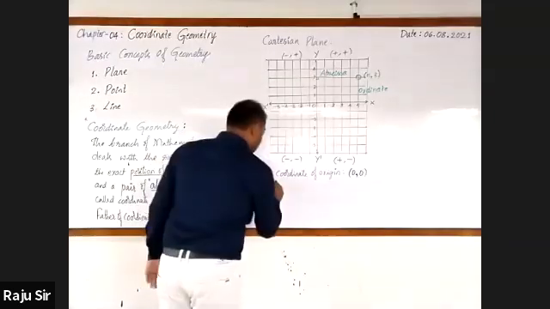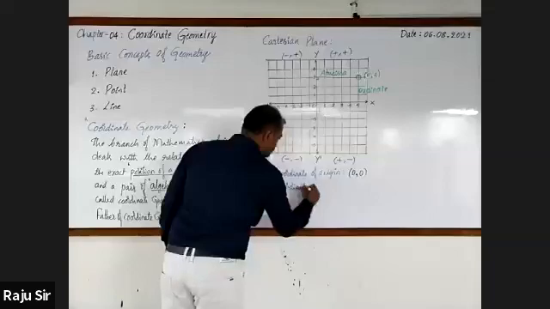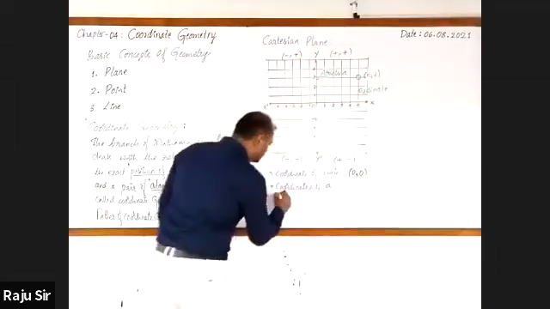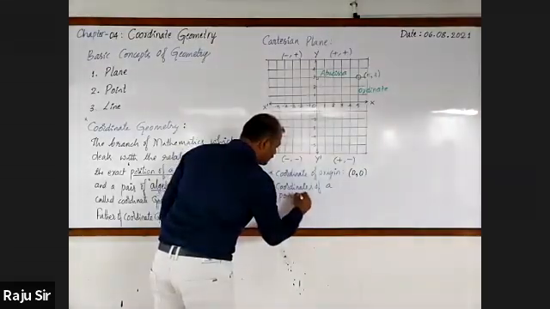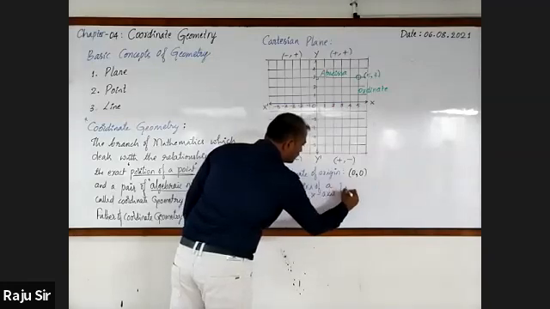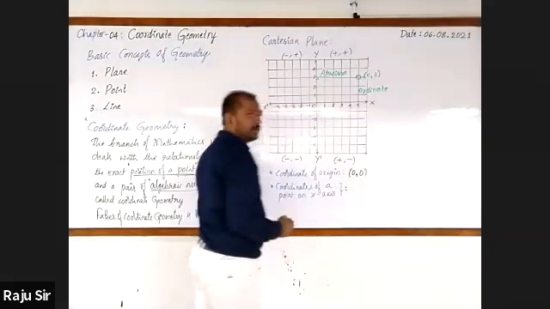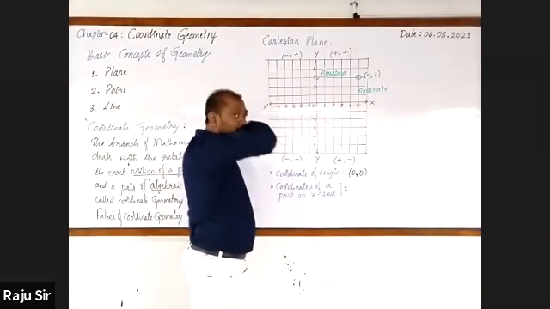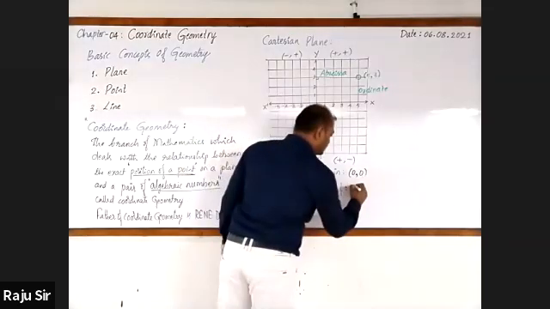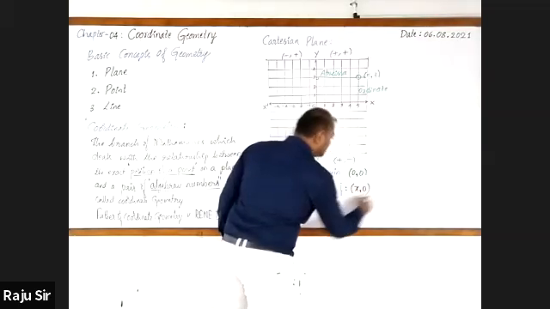Next one. Coordinates of a point on the x axis. It is x, 0.